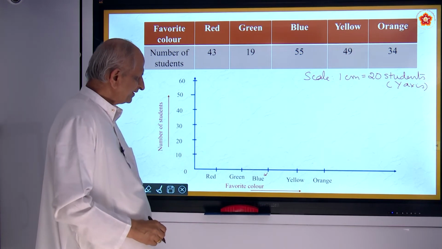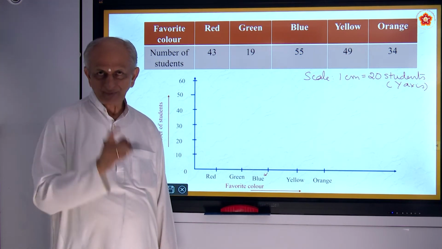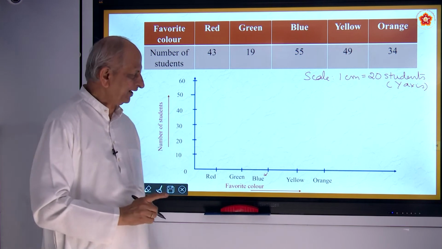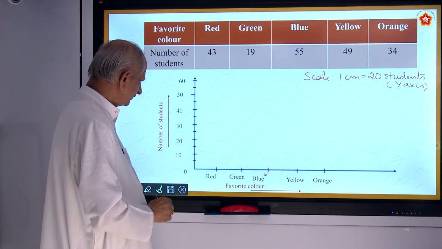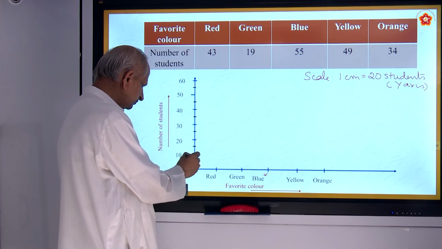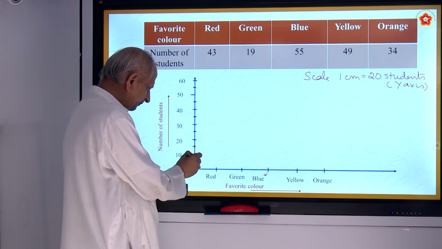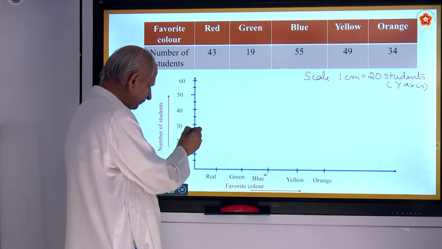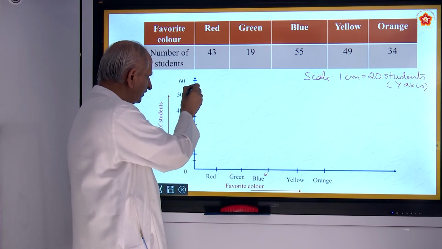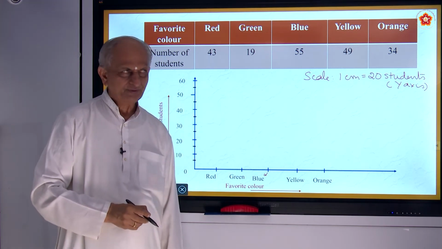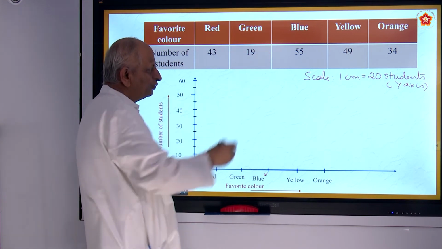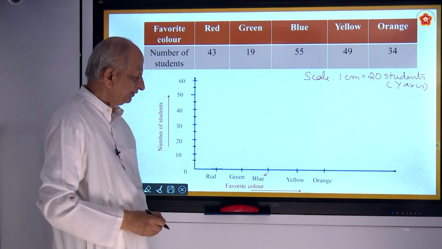So, now let us represent. You draw the figure, but use only pencil and scale, okay? And this is half. 1 centimeter is half centimeter, 0.5, 1.5, 2.5, 3.5, 4.5, 5.5. Because there are no small numericals, that is why.